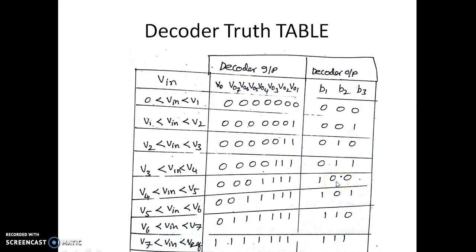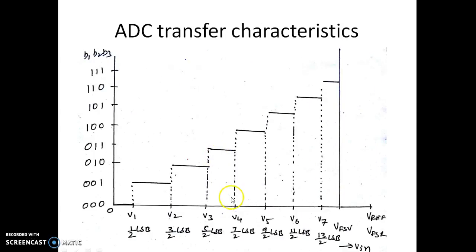So let us see here, when it is between V4 and V5, we have an output voltage corresponding to 1, 0, 0. Likewise, we have the output making a transition whenever the input crosses an odd number of half LSB.